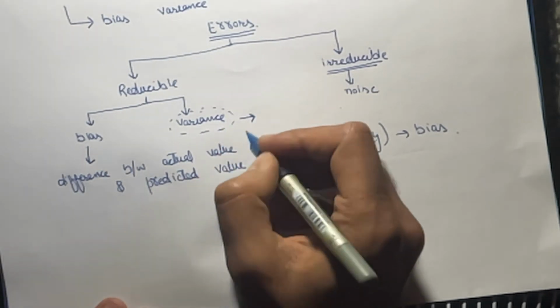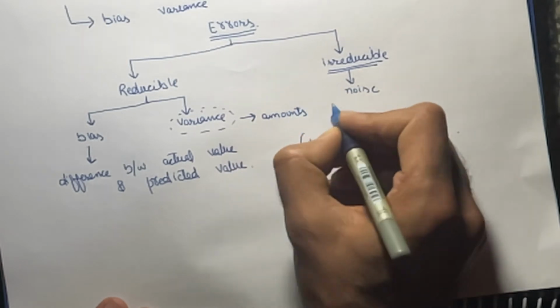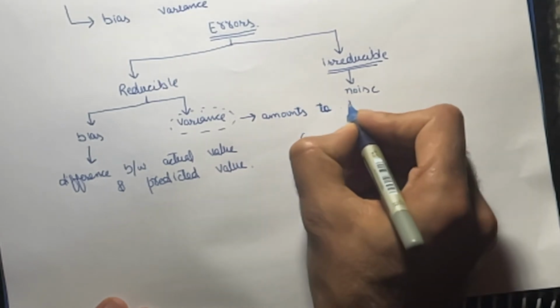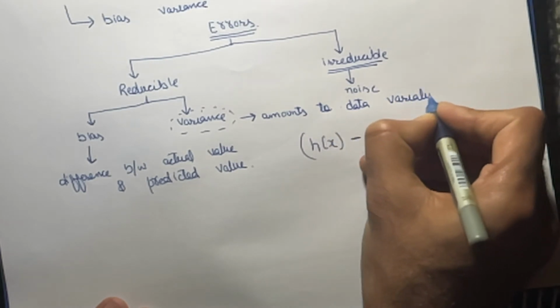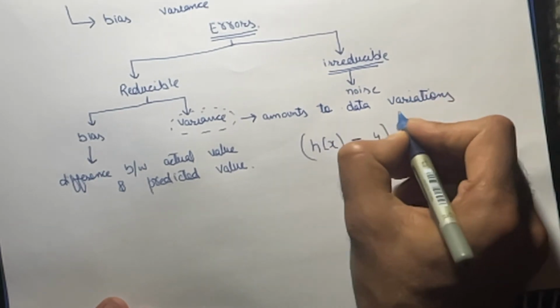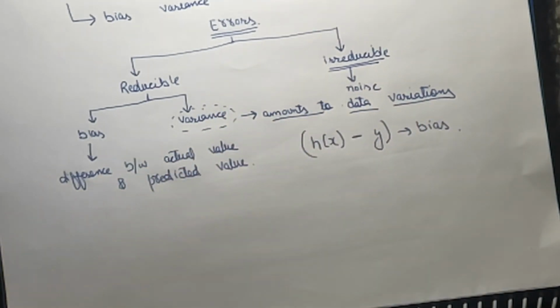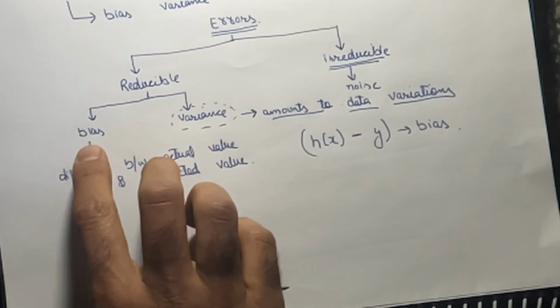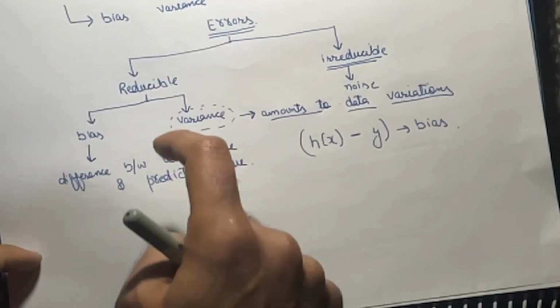Basically this error amounts to data variations. I will discuss this variance in a couple of minutes. Let's see how bias and variance can be related and how we can measure this variance.